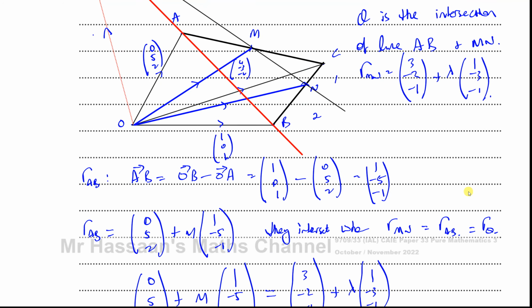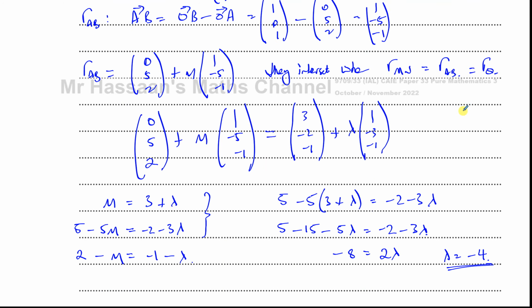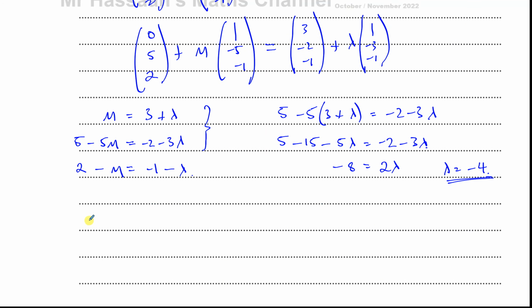So all we need to do now is put inside this equation here lambda as negative 4. We know that the position vector of Q therefore is going to be 3, negative 2, negative 1 minus 4 times, we use the one with lambda in it because we found lambda, 1, negative 3, negative 1.